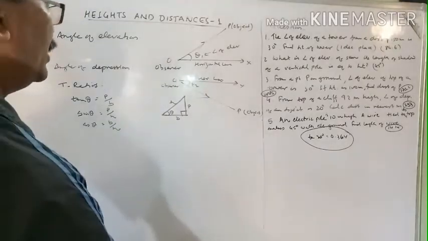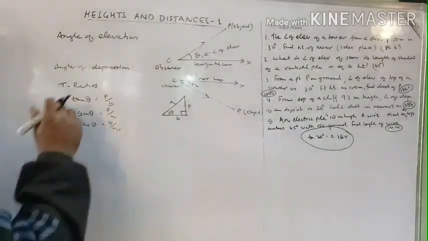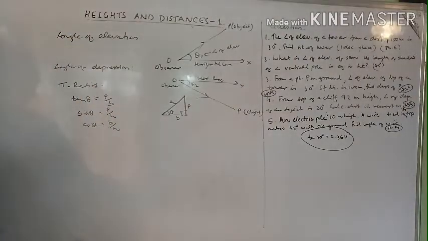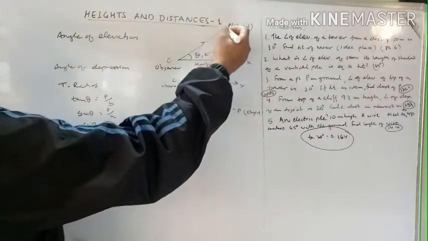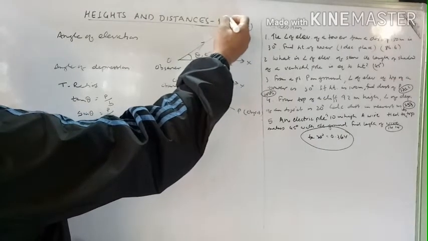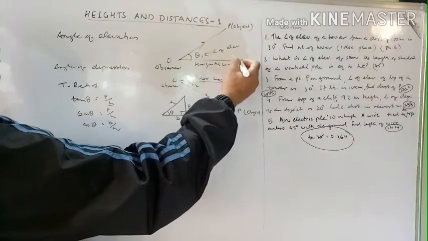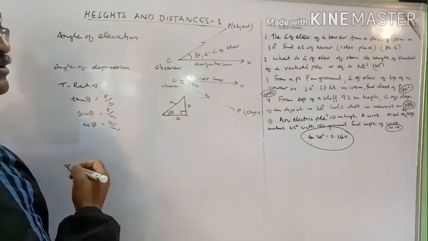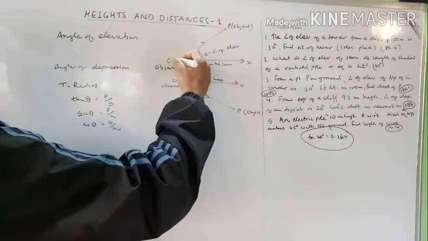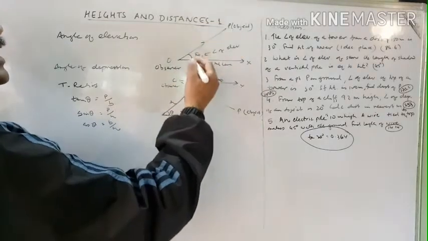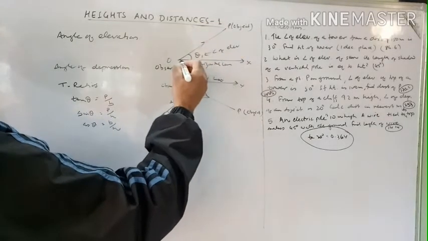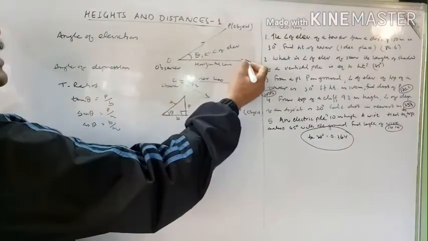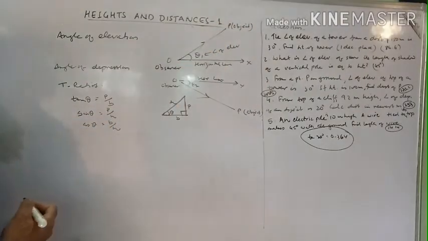Normally we have two types of angles involved here. First is the angle of elevation. When the object is above the horizontal line, the observer is down and the object is above. When he observes upward, the angle formed by the line of observation and the horizontal line is called the angle of elevation.